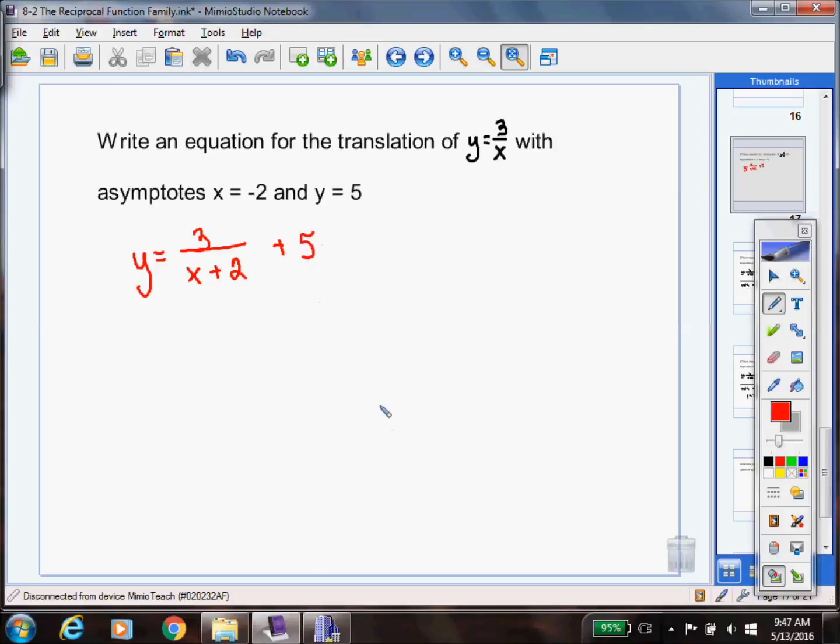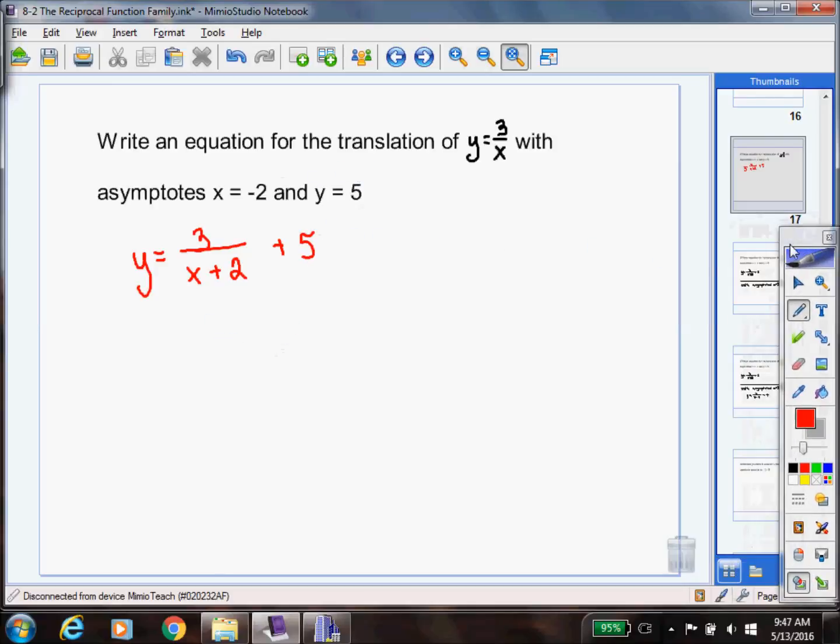Now it's plus 2 instead of minus 2, because if you plugged in a minus 2, you'd get a 0 in the denominator, and remember the asymptotes show where you're not allowed to have points. So x plus 2, and then the plus 5 moves the thing up 5 units. So you take a look at the numbers and you figure out what needs to go where.